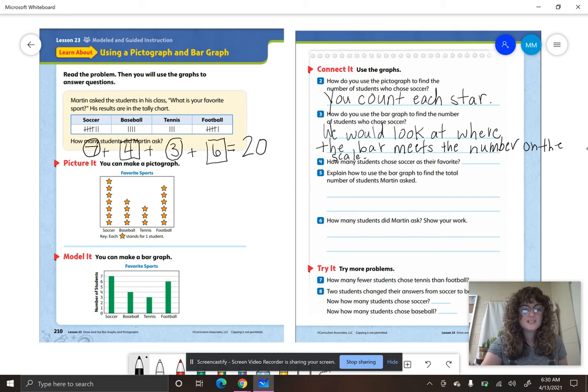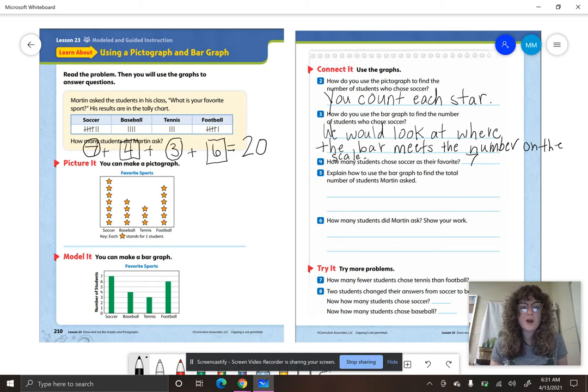So I'm going to see where my bar lines up with the number on the scale, and there are 7 students. Number 5 says, explain how to use the bar graph to find the total number of students Martin asked. So how can we figure out the number of students in all?